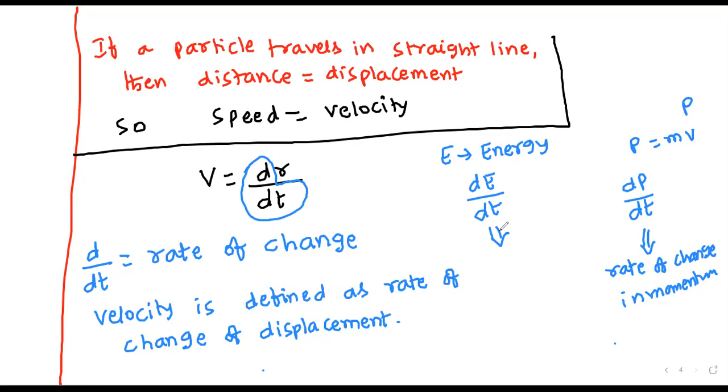Like that, whenever it is d by dt, it means we need to understand rate of change.